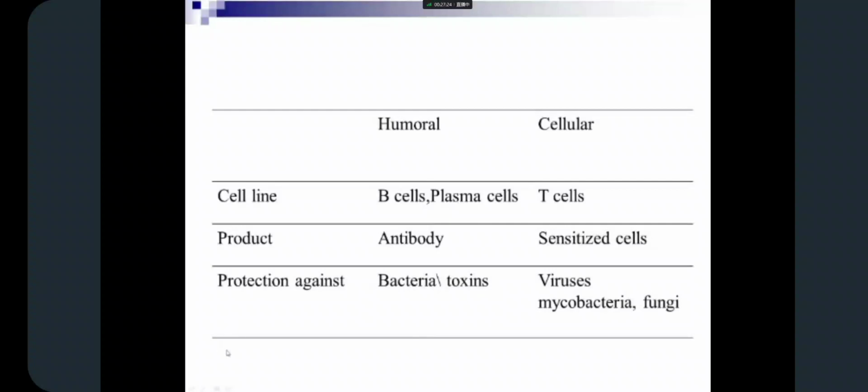Humoral immunity protects against bacteria or their toxin, but cellular mediated immunity protects against viruses, mycobacteria, and fungi.